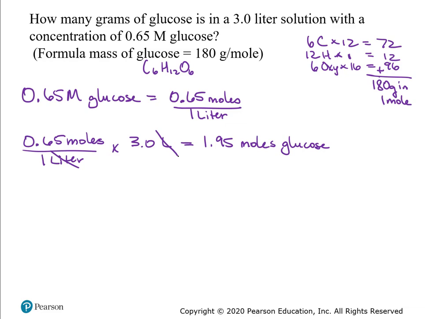So the last is how many grams. Once you get moles, now I can just do one more step to convert it to grams. So if I have 1.95 moles of glucose, times in a line, what unit do I put on the bottom?